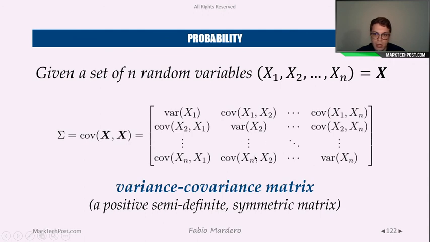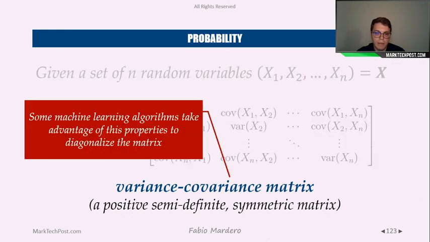So this term, for example, is the same as this one. The variance-covariance matrix is a positive semi-definite symmetric matrix.